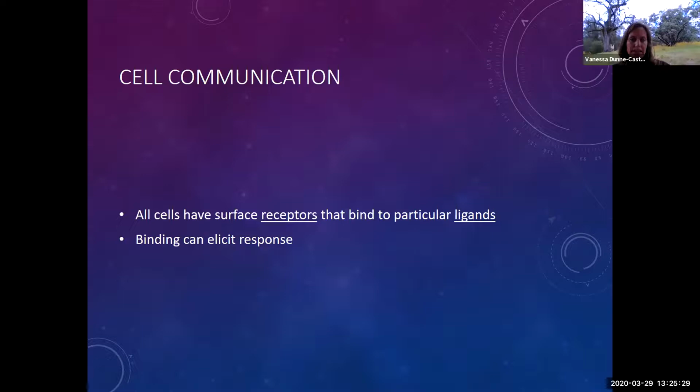Just to finish up these slides, cells communicate, as mentioned, through these cell-to-cell communication proteins called cytokines. And in eukaryotic cells, for the multicellular organisms that we are, we have cell surface receptors that bind to very specific ligands or chemicals, right? Particular structures of chemicals.